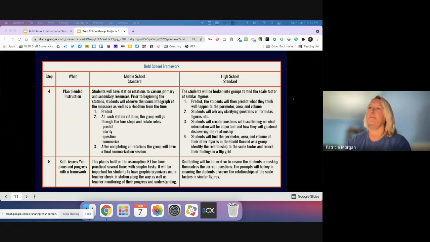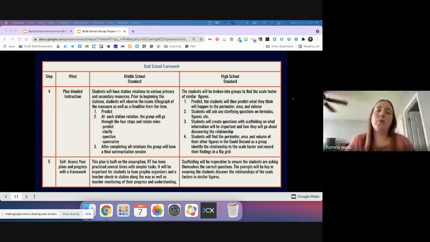And then, like I said, it was built on the assumption that this has been practiced several times, and then they would have graphic organizers or some kind of concept maps along the way, and then do the final assessment.